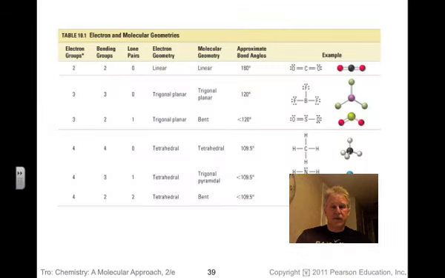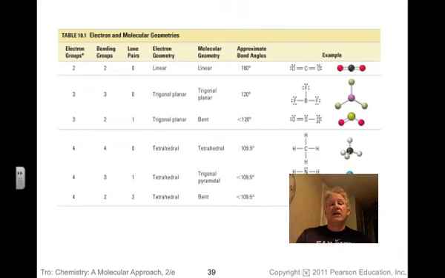Okay. So here's kind of a recap of everything that we've looked at. We started off with two bonded groups and no lone pairs, and we've got linear geometry. If we have three bonded groups on one central atom, no lone pairs, we've got trigonal planar geometry.